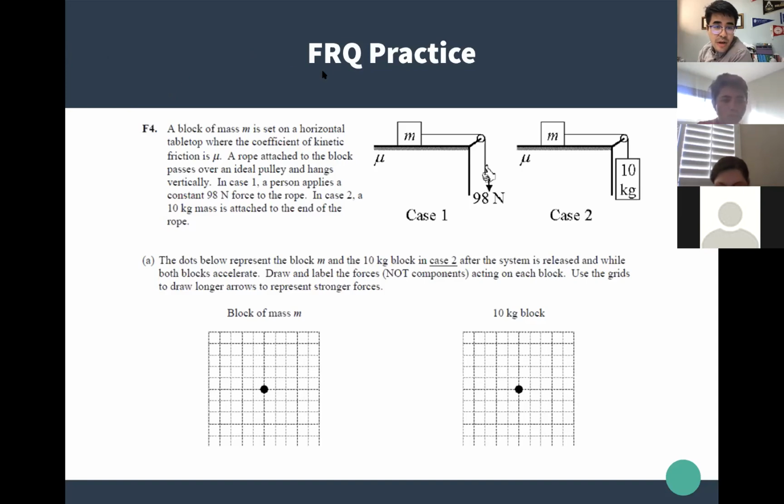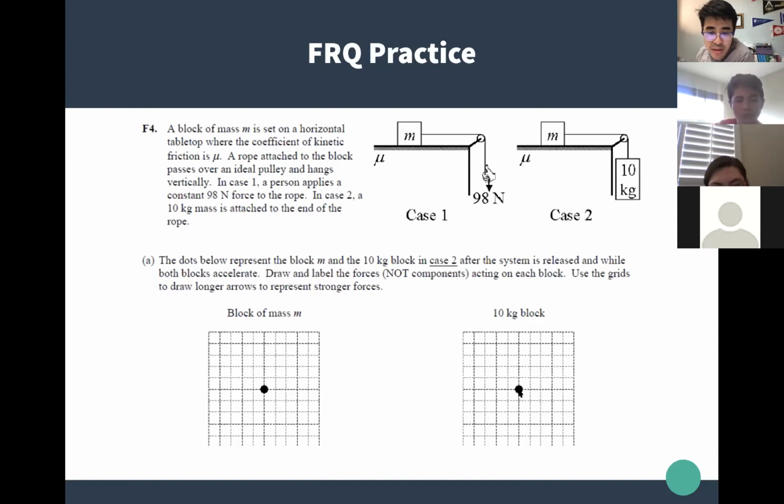So where should you draw arrows for the block of mass M, and where should you draw arrows for the block of mass 10? We could first draw a force of gravity for the 10 kg block. Okay.